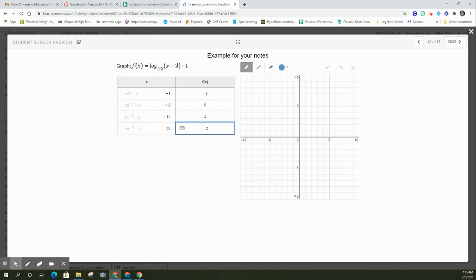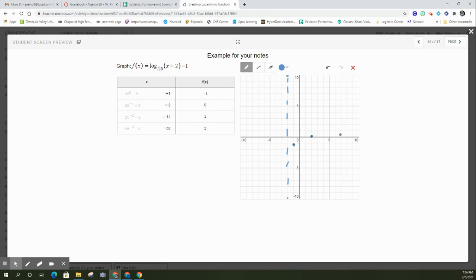Okay. So my vertical asymptote is at -2. And so I have -1, -1, and I have 2, 0. And that's pretty much all that's going to fit on my graph.